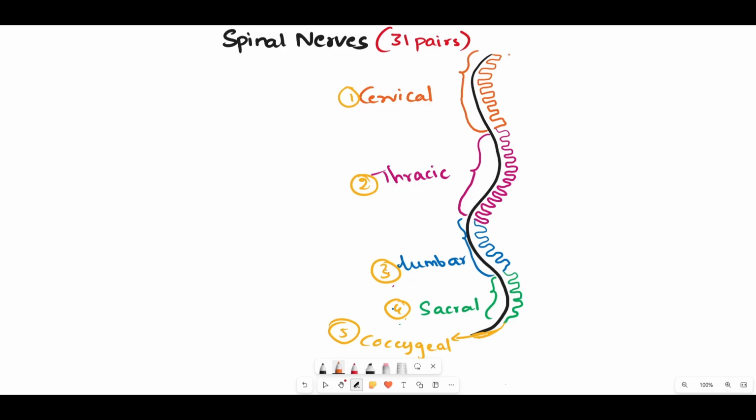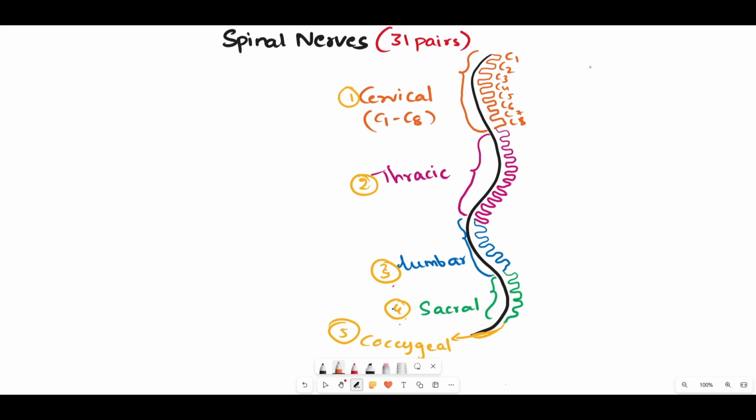The cervical nerves start from C1, C2, C3, C4, C5, C6, C7, and C8. So from C1 to C8, they come under the cervical nerves.